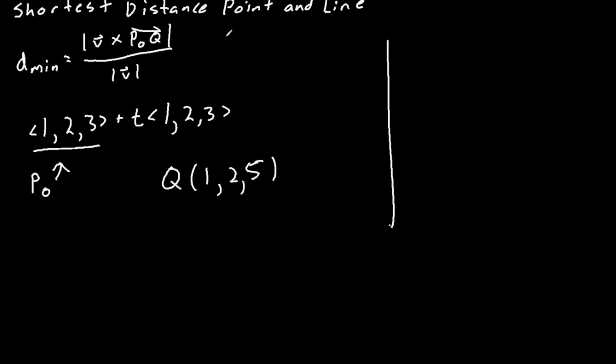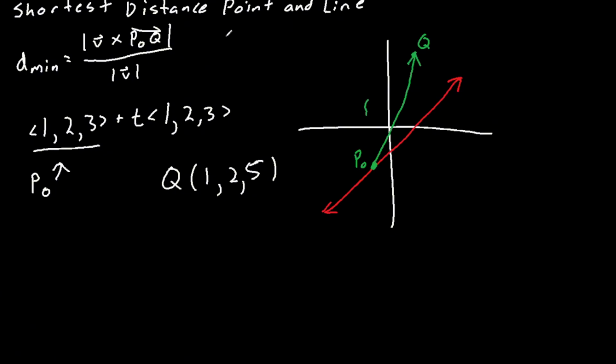And what I mean by that is, let's draw a graph. Let's say you have a line, and this is just going to be in 2D for easier representation. But right here is point Q, some random point. Let's say this is P null. And this vector right here is P null Q. And then any vector that is parallel to the red line is V, the vector V inside of this formula.